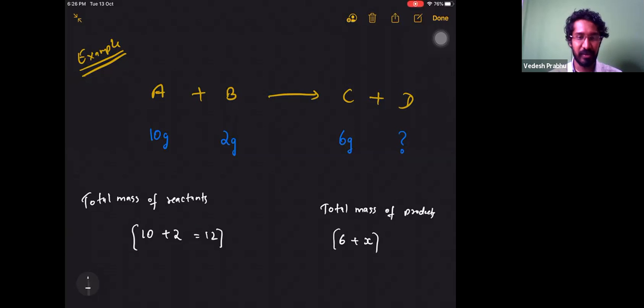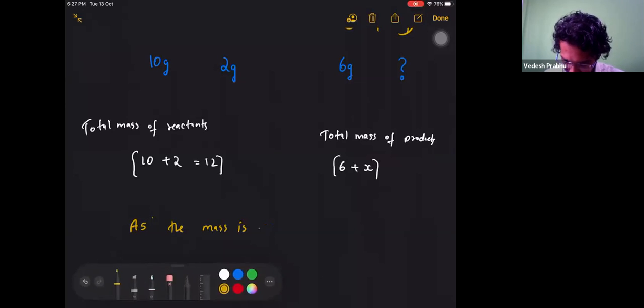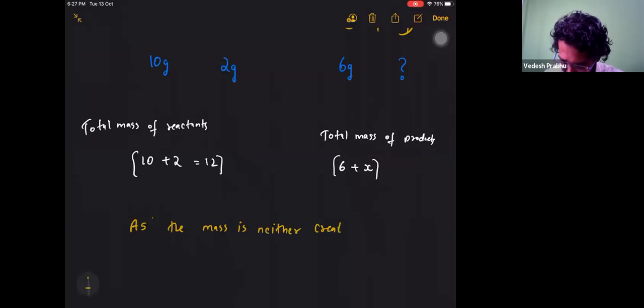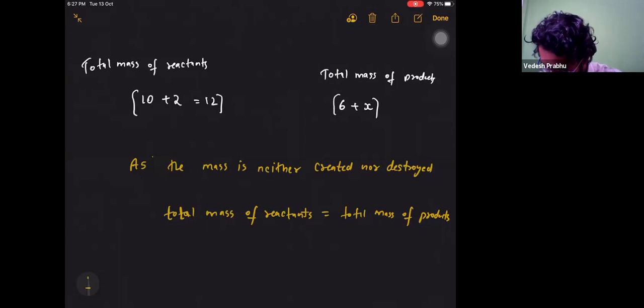We know that the total mass of reactants is equal to the total mass of products, as per our law of conservation of mass, as mass is neither created nor destroyed.